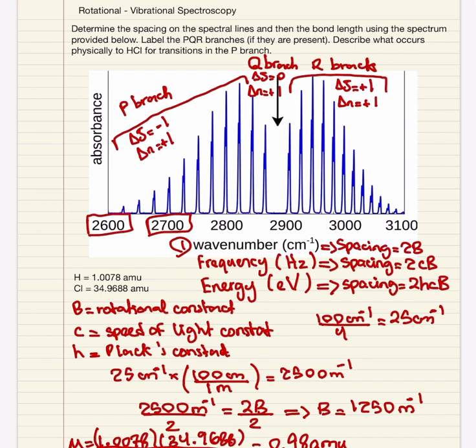If you look at the P branch, the change of the rotational quantum number J is equal to -1. So that means the HCl molecule will have a transition of change in J equal to -1 during the rotational changes, and it will experience a dipole moment. When it comes to vibrational changes, it will experience an excitation, because the vibrational transition is a change of n equal to +1 throughout.